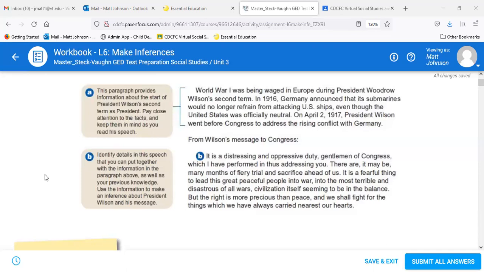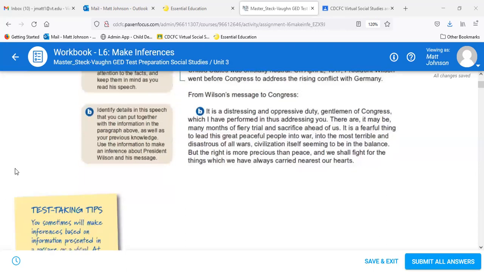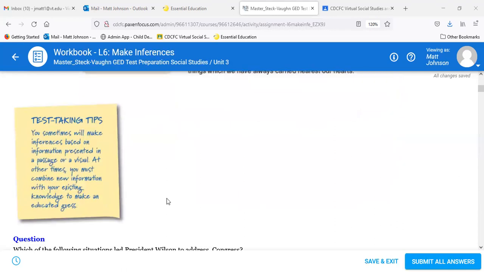If we want to protect American shipping, if we want to protect our way of life, we're going to have to get involved in this. So that's what he's addressing here, after what we'd already said that he had campaigned on trying to keep us out of the war, but things change, right? And it's not going to be possible at this point.